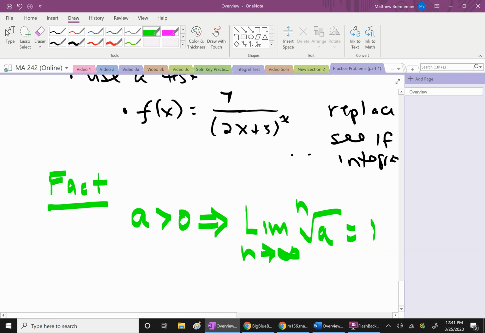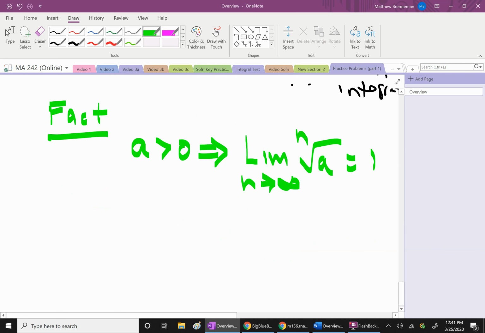That's a nice little fact. What it says is that if a is greater than 1, the nth root keeps chopping down the value to 1. If a is positive but less than 1, the nth root actually keeps increasing it up to 1.